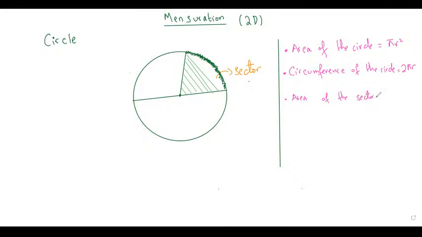Okay. Now, obviously, the sector size would vary. It could be that this is the sector. This is also a sector. And this is also a sector. So obviously the size is going to vary.